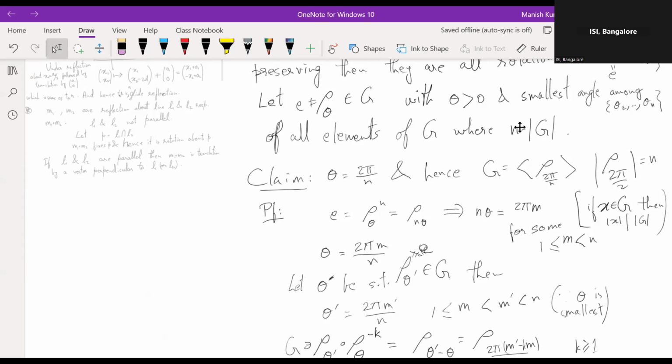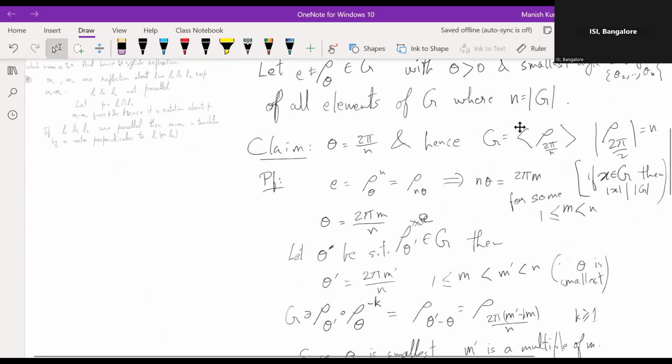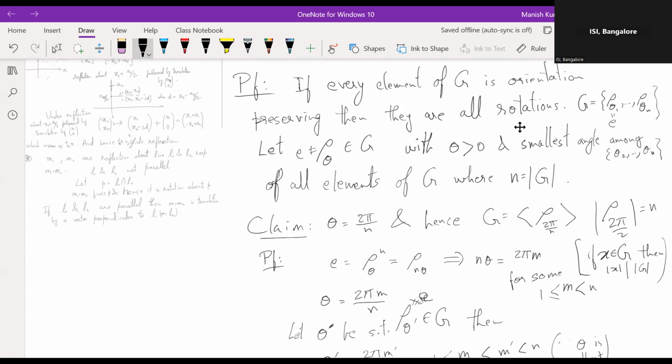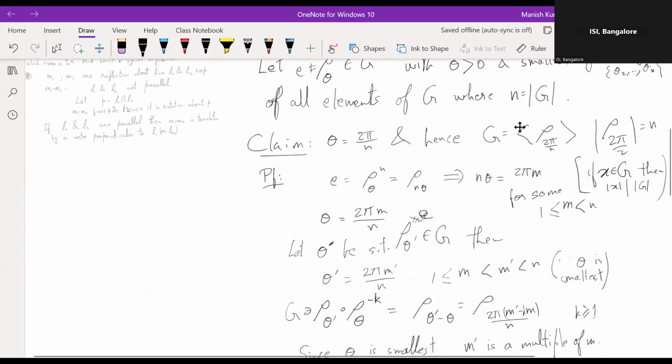So we'll have to show m is actually 1, but so far we have only shown that theta is 2 pi m over n. Now let theta prime be such that g theta prime is in G. So theta prime is some other element of the set, theta 2 to theta n.